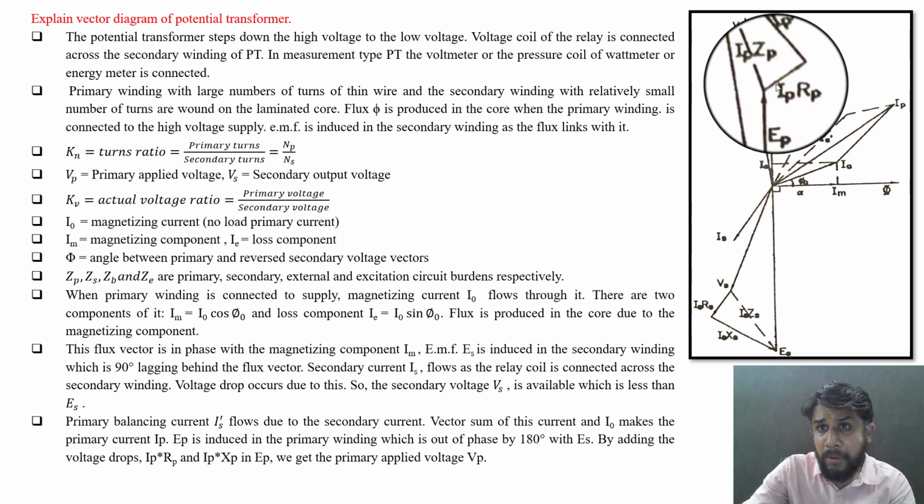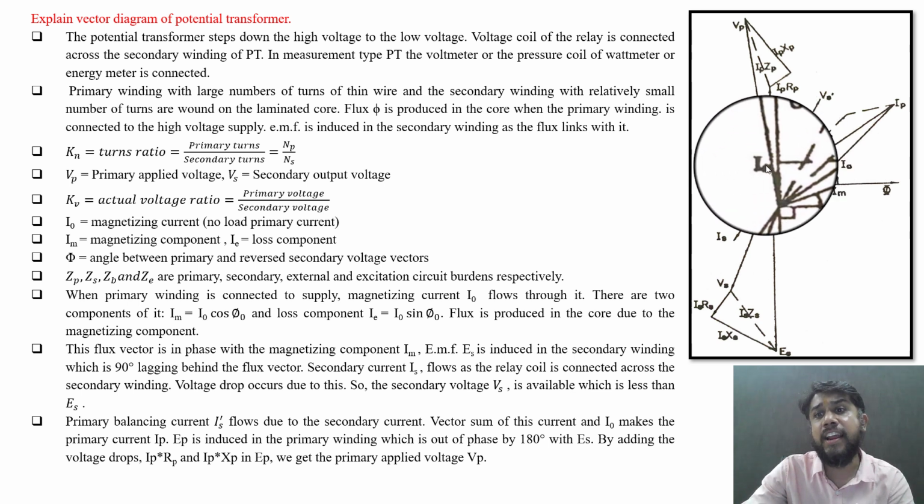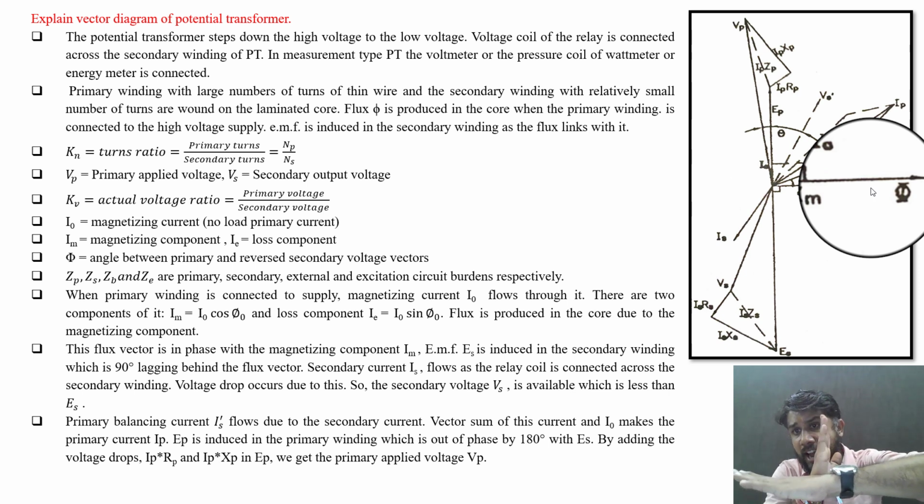Now this IP is formed with the help of the magnetizing current and the energizing current. IM is in phase with the flux, the flux component, and IE, the loss component, is 90 degrees about this. So IM is with the flux and IE is at 90 degrees like this, which forms the IA current.